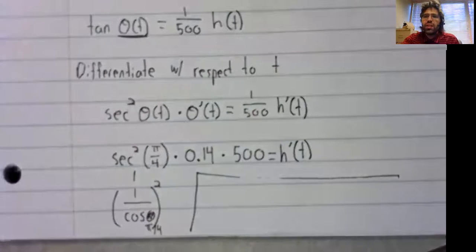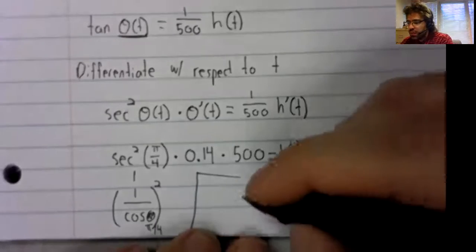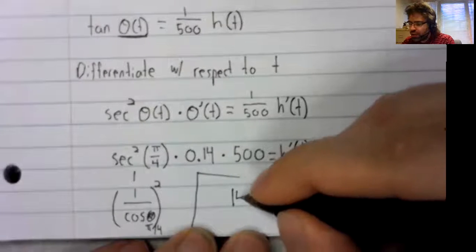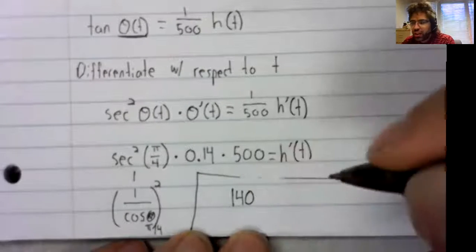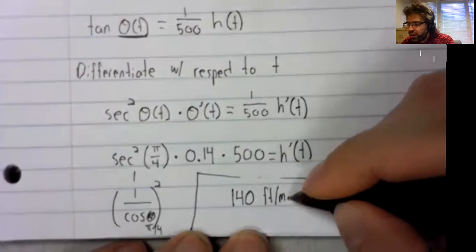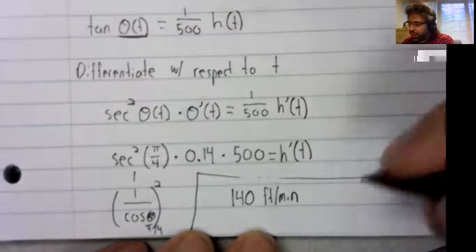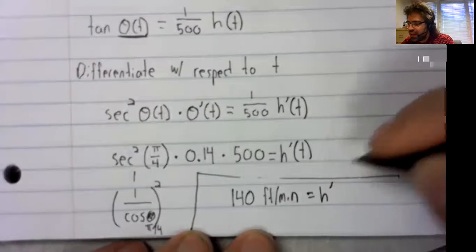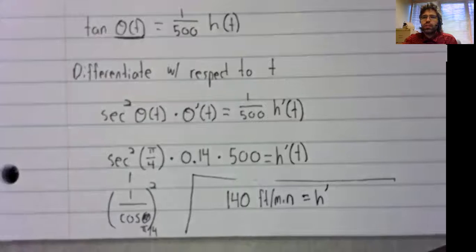Plug this in. We actually do end up with a very clean number. That's how you can tell that it's a problem from the textbook instead of real life. The hot air balloon is rising at a rate of 140 feet per minute.